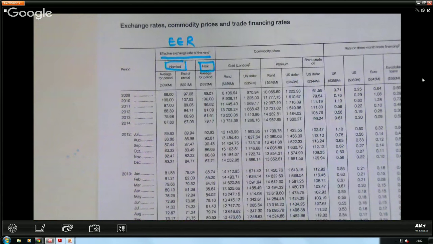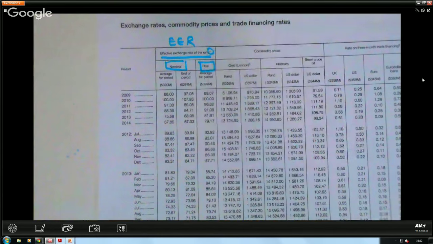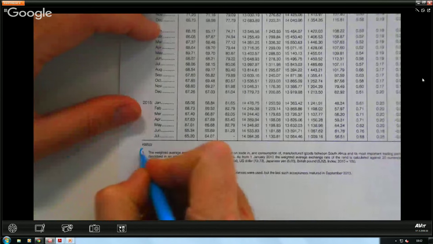Now I want you to look and tell me what this effective exchange rate is by looking at that footnote.